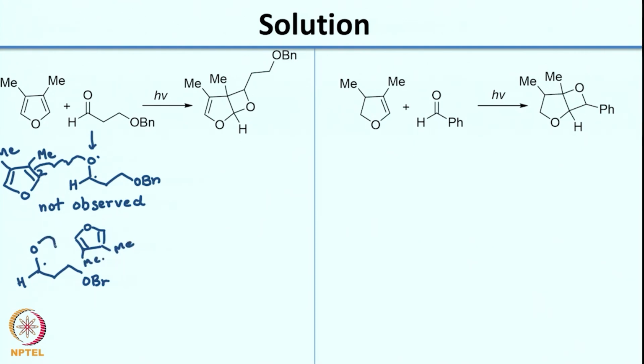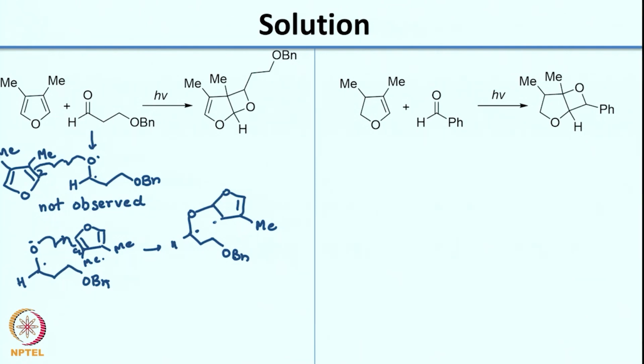So, you have this biradical intermediate that is formed.